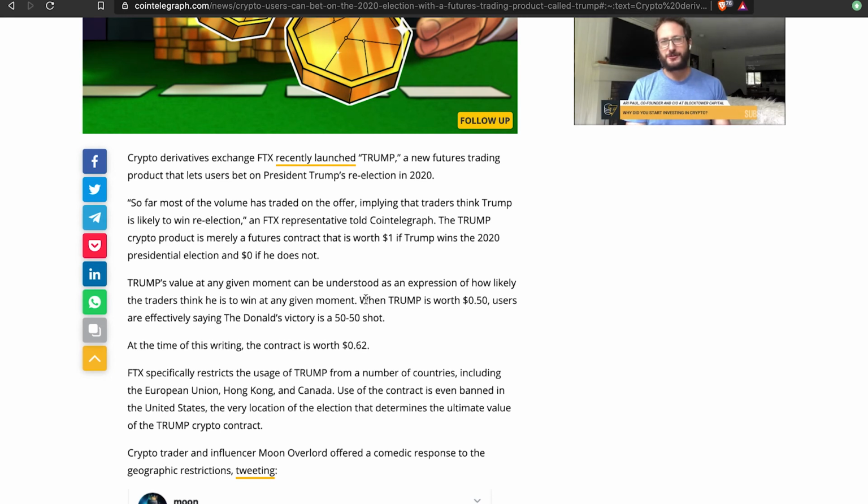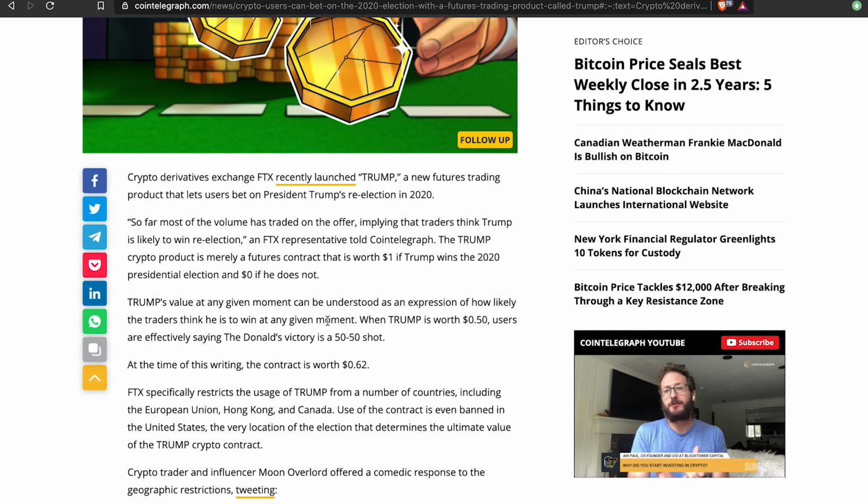So when Trump is worth 50 cents, users are effectively saying that Donald's victory is a 50-50 shot. Another important thing to note here is that the Trump crypto product is merely a futures contract that is worth $1 if Trump wins the 2020 presidential election and 0 if he does not.